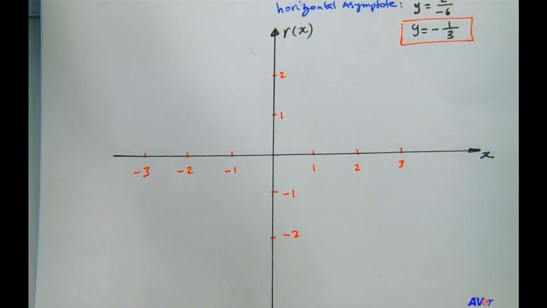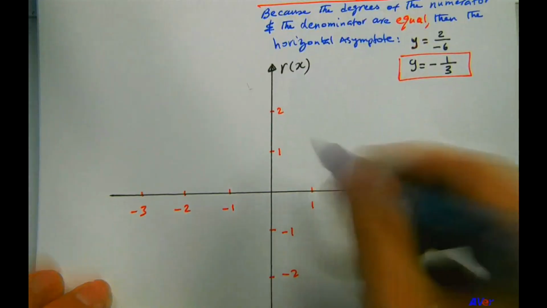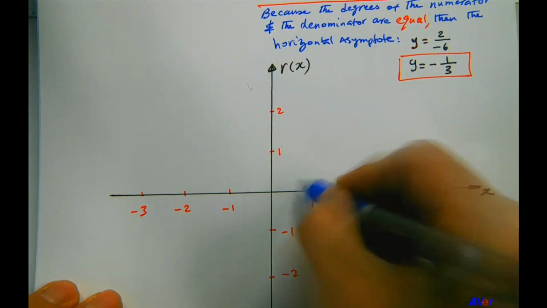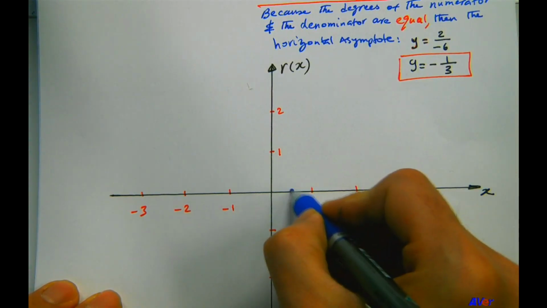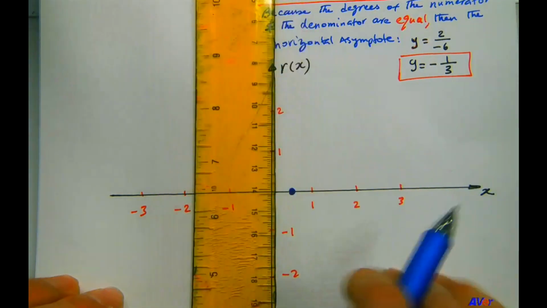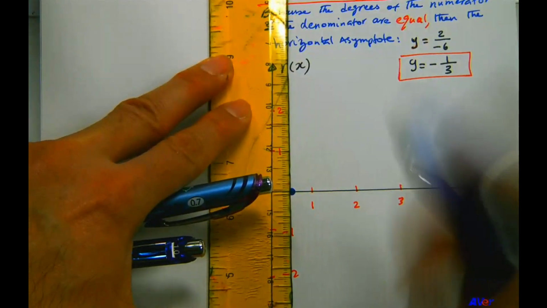Okay, so the vertical asymptote is at x = 1/2. So x = 1/2 would be right here, halfway between 0 and 1, right there. So I'm going to drop a dashed line right through it. Dashed because it's not the graph, it's just the asymptote.